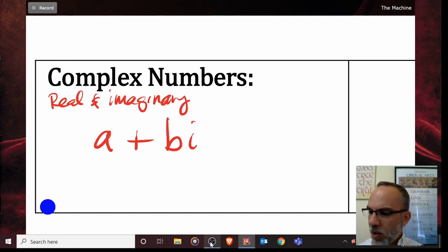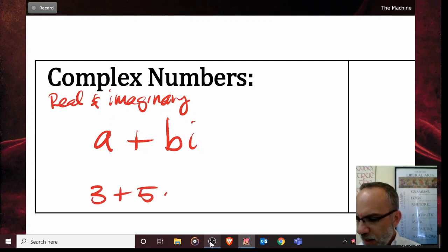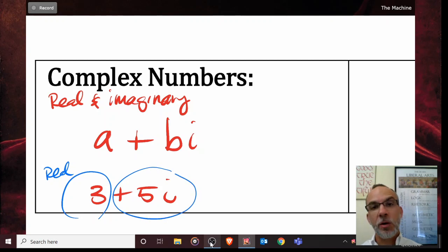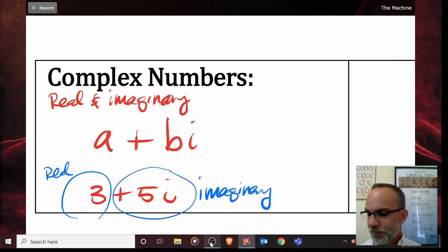Okay, so for example, I might have something like 3 plus 5i as a value. The 3 is the real part. And the positive 5i, notice the sign goes with the 5, is the imaginary part.